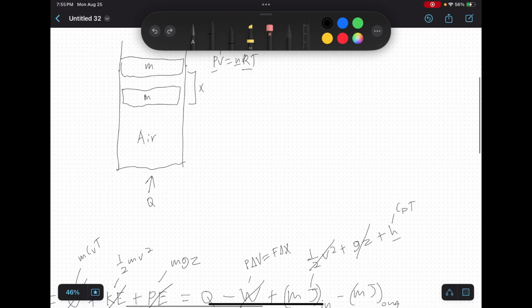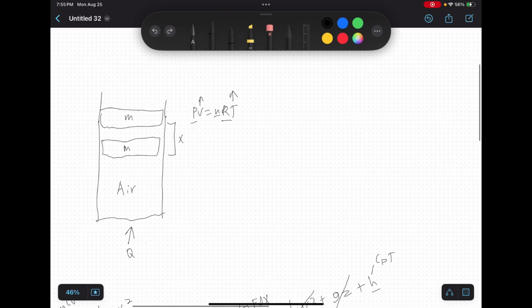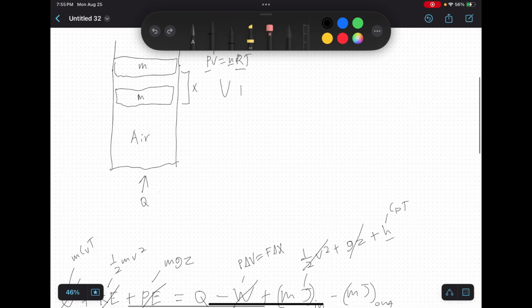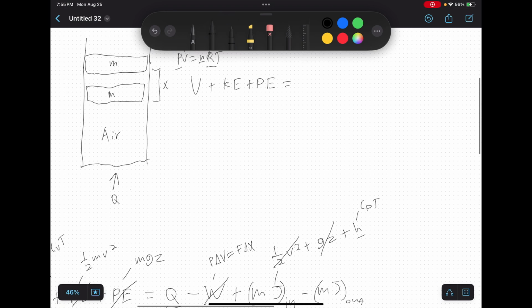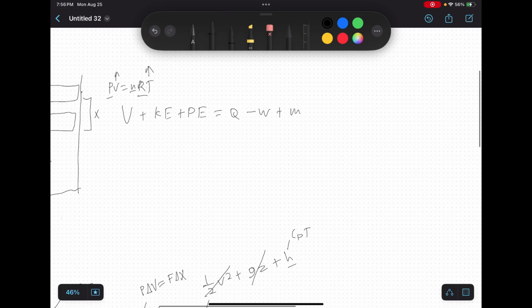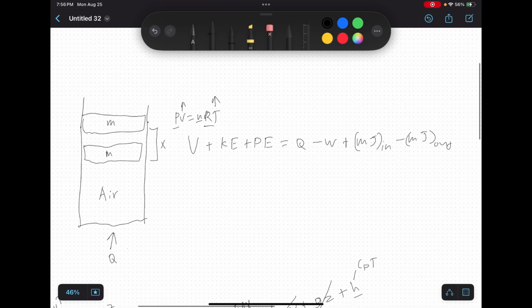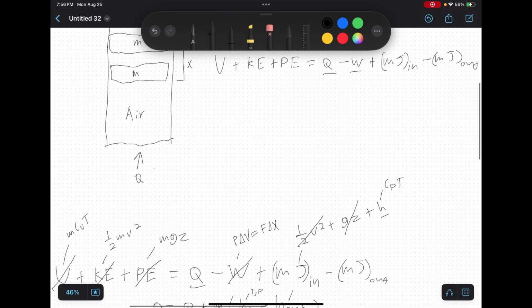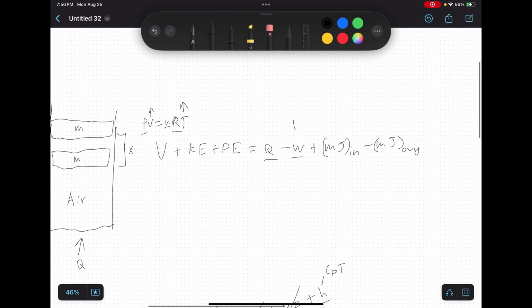Okay, so let's rewrite the energy balance. ΔU equals, nope, got it wrong already. Q minus W plus m times H in minus H out. So we have a Q, we have a work, and for the work, we're going to use force times change in distance.